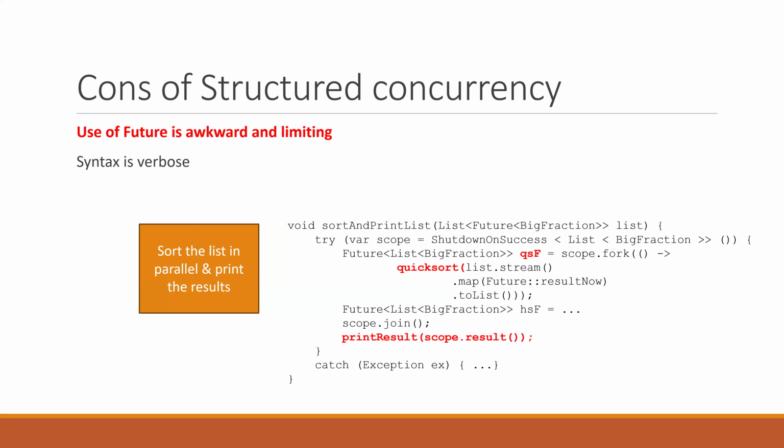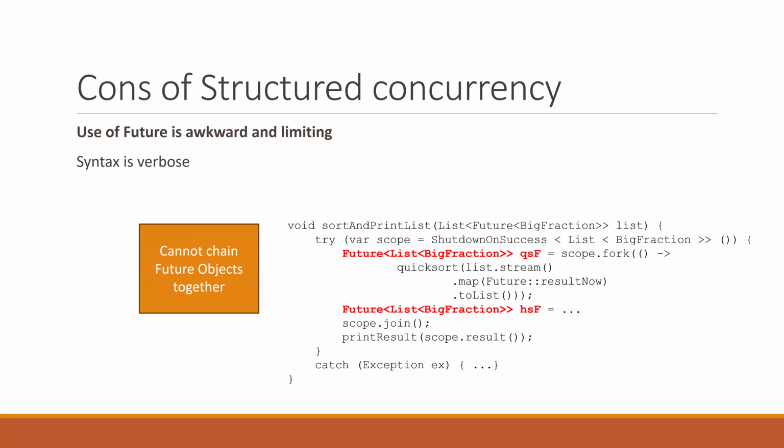I have to pass back a list of Futures of those things. So syntactically, it's a little bit more to work with. I have to make sure that I'm turning my futures into a list of objects as well when they come back. So this is the awkward part of it, and it can limit me in some things.